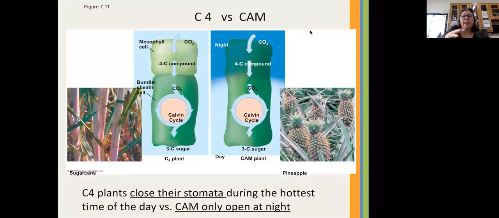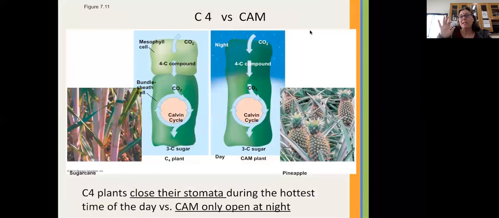So the C4 plants are going to actually store carbon dioxide in their mesophyll cells, and they're going to store it as a C4, so it has 4 carbon atoms in it. So this is where we get the C4 from.